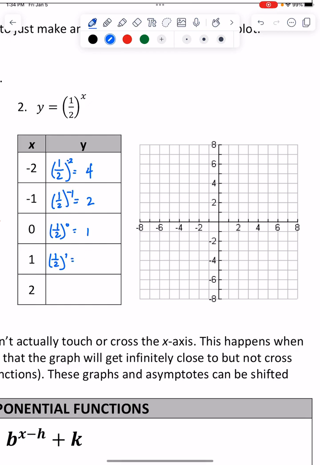1/2 to the first is just a half, and if you want to think about it as a decimal, which is 0.5, and then 1/2 to the second is 1/4, which as a decimal is 0.25.